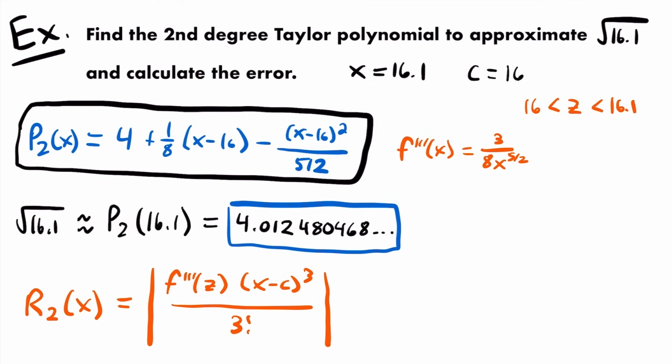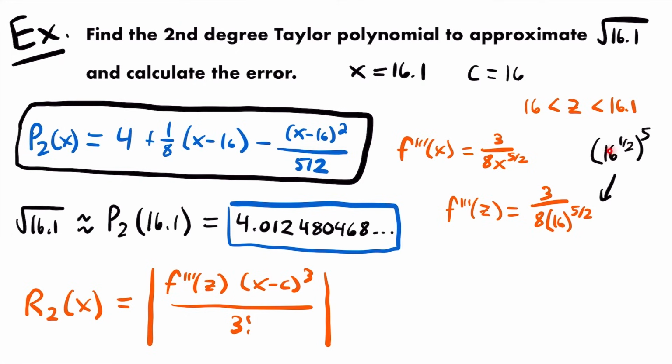Let's find out what that is. F triple prime of z is equal to 3 divided by 8 times 16 to the power of 5 halves. Now 16 to the power of 5 halves can be rewritten as 16 to the 1/2 power, to the 5th power, because we multiply those exponents. 16 to the 1/2 power is the square root of 16, which is 4.